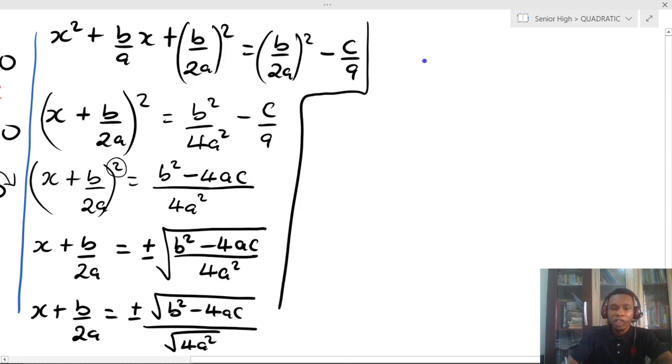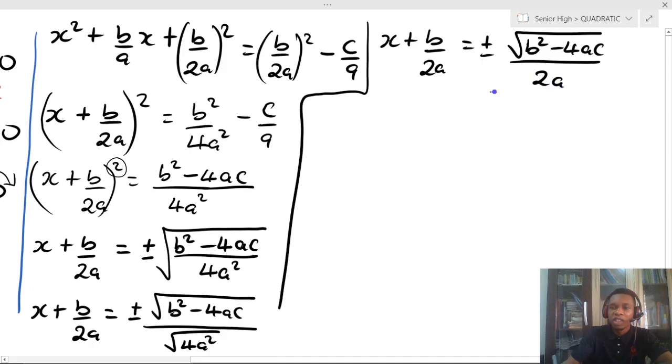And what's the square root of 4a squared? That will be 2a. So x plus b over 2a is equal to plus or minus, we have the square root of b squared minus 4ac over 2a now.